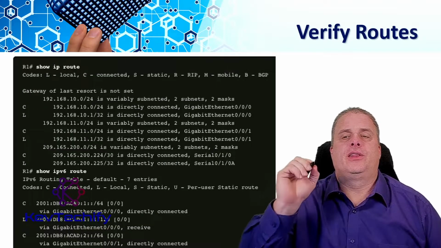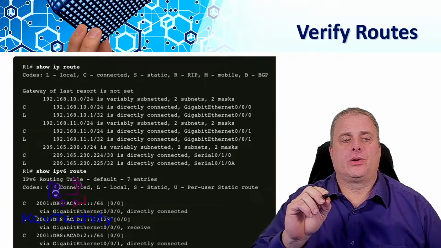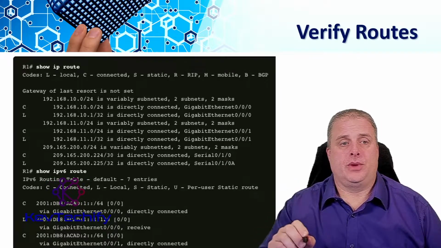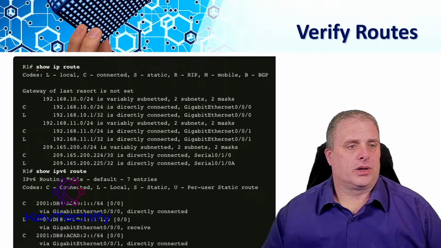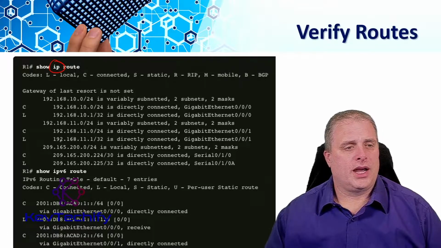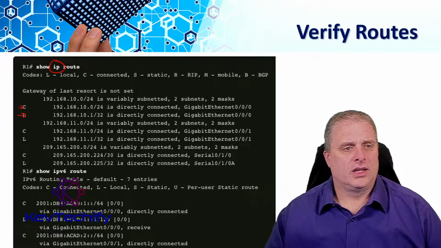When you want to verify the routes on your router, we can use the show IP route command or the show IPv6 route command. Here we are looking for our directly connected networks. We typed in the show IP route command. This gives us our version 4 IP addresses. And down here we have basically 2 codes. One is the C and one is the L. The C stands for connected. These are the networks that are directly connected to us.